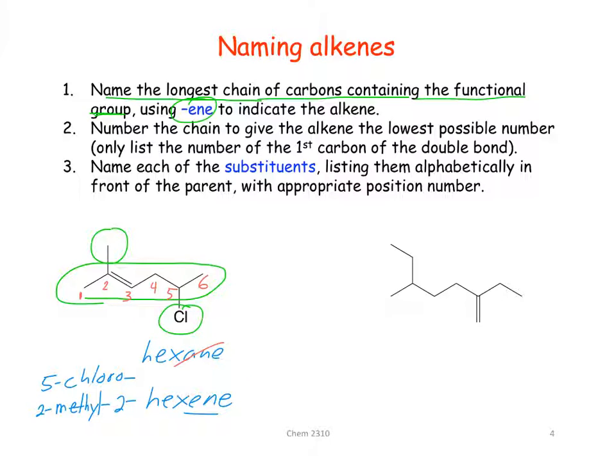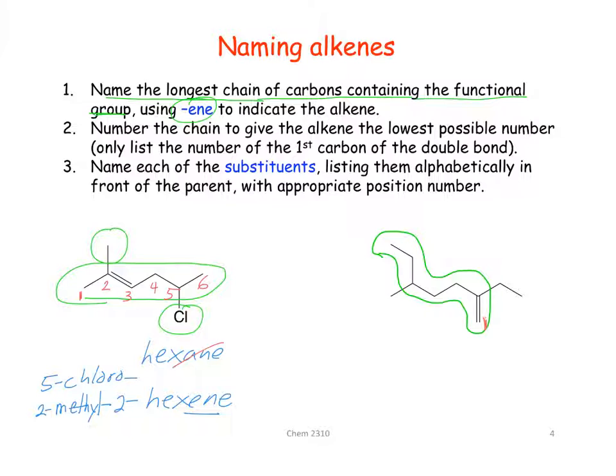All right? Okay, let's do one more here. So here we're going to find the longest chain, but remember that longest chain has to include the alkene. So instead of numbering the absolute longest chain over here, we're going to pick this one as the longest chain because it includes the alkene, the high priority functional group. All right, and then we're going to number this to give the alkene the lowest number.